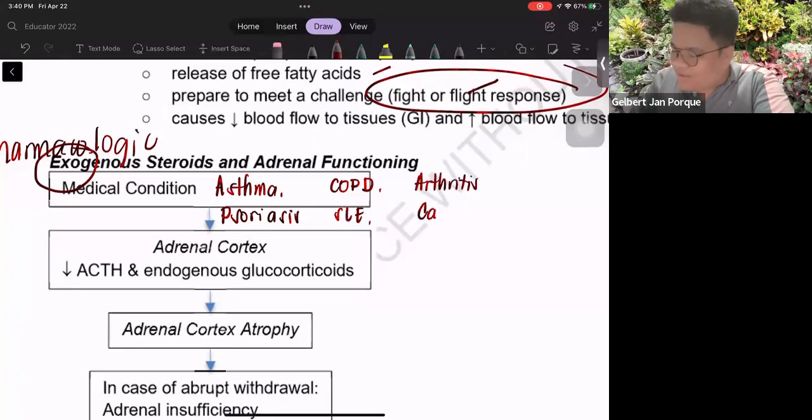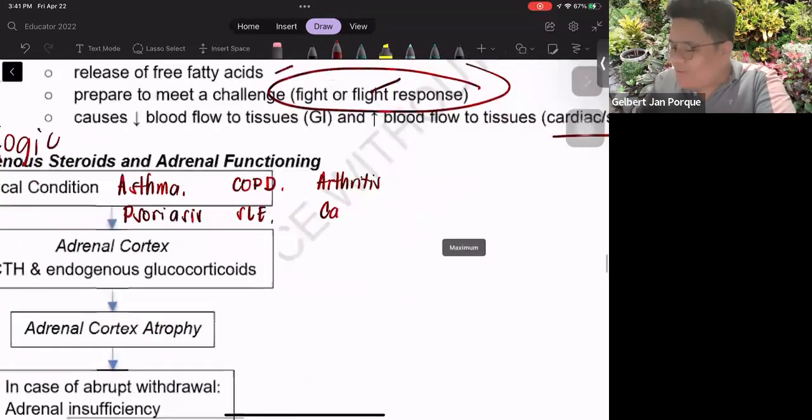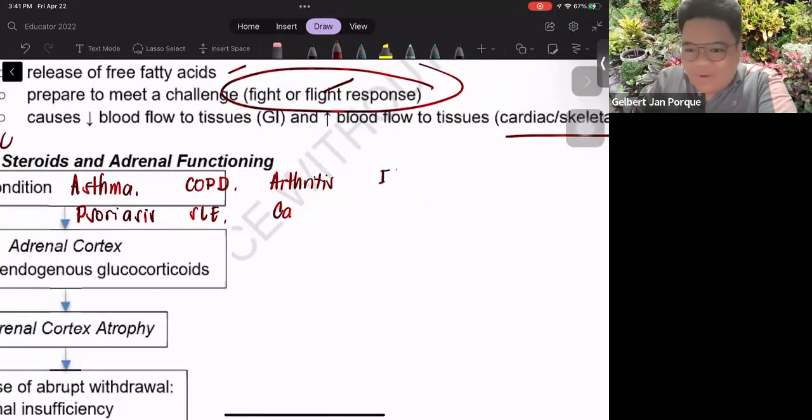Cancer. In cancer, it is not much used as maintenance, but yes, it could be used. Gout. Gout plus gouty arthritis, usually uric acid medications. IBDs, inflammatory bowel diseases. What else? Okay, Crohn's. I've seen Crohn's. Okay, IBDs, arthritis, IBDs. Yeah, I see that.